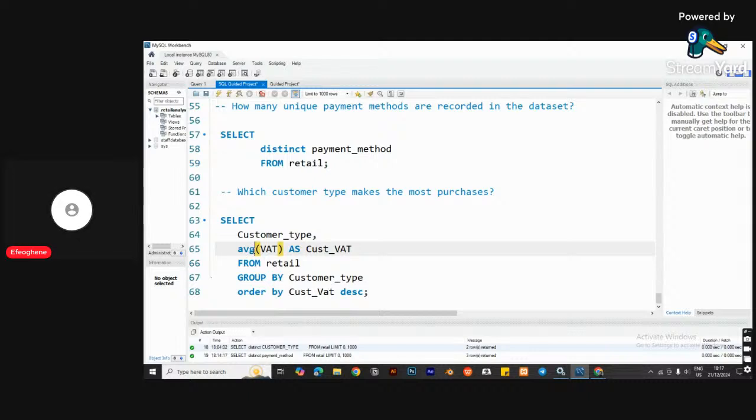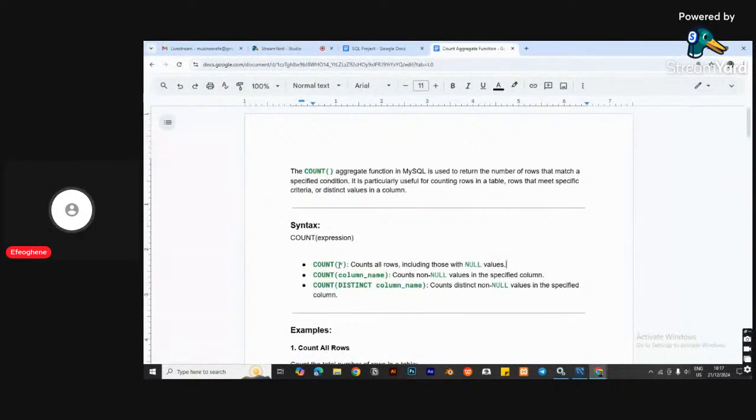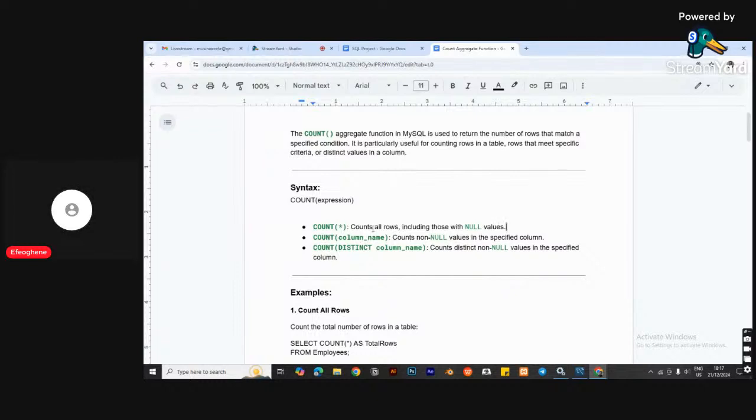We use the count, and we change the argument here from the VAT to the asterisk. You know why we're using the asterisk? Always see how the basics build up. It counts all the rows.